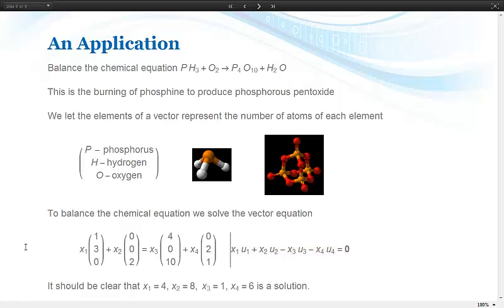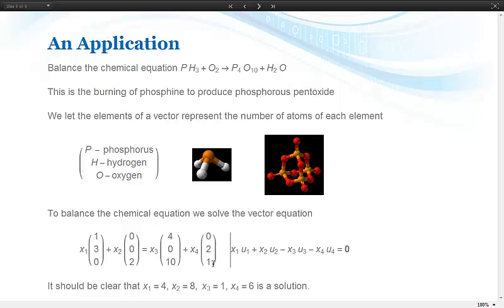Well, it should be clear from this kind of equation, it's not hard to balance. I need one of these, so that means I need to come up with at least 10 oxygens, but I need 4 phosphorus atoms, so that can only come by making this a 4. If I make that a 4, then I've got 12 hydrogen atoms, so this must be a 6, because 2 times 6 is 12.